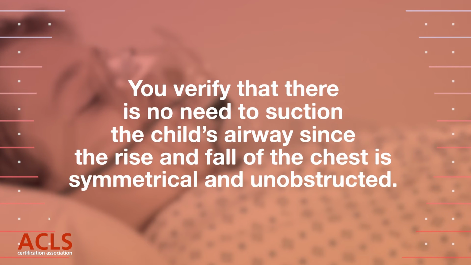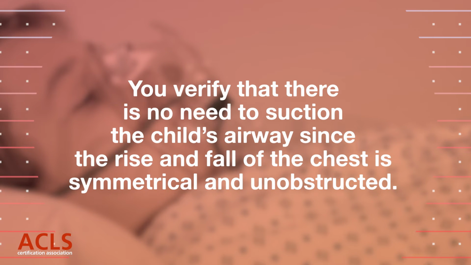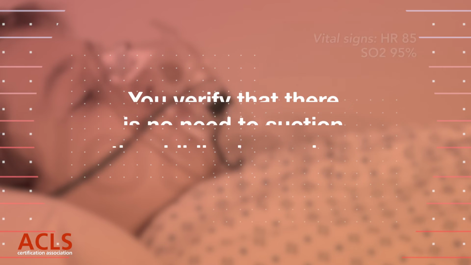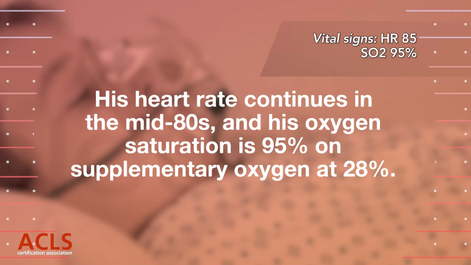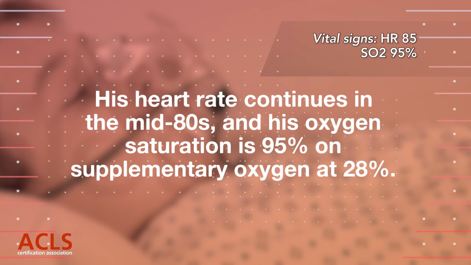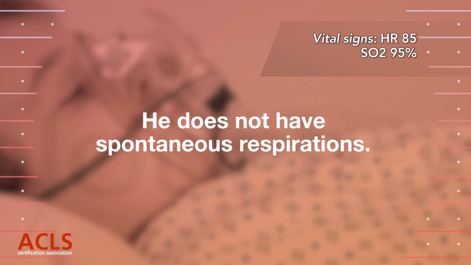You verify that there is no need to suction the child's airway since the rise and fall of the chest is symmetrical and unobstructed. His heart rate continues in the mid-80s, and oxygen saturation is 95% on 28% oxygen. He does not have spontaneous respirations.